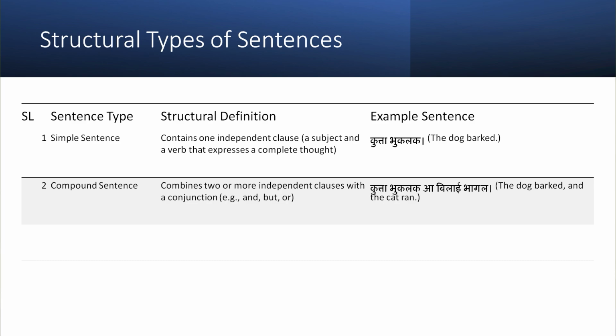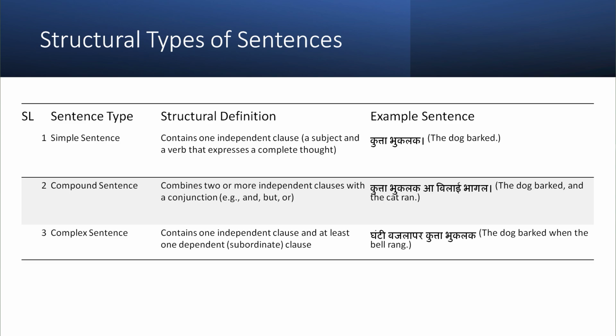Then we have the complex sentence. A complex sentence contains one independent clause and at least one dependent or subordinate clause. In the sentence, the dog barked when the bell rang, the bell rang is the main clause and the dog barked is dependent on it, because the dog's barking is the outcome of the action done by the other one.